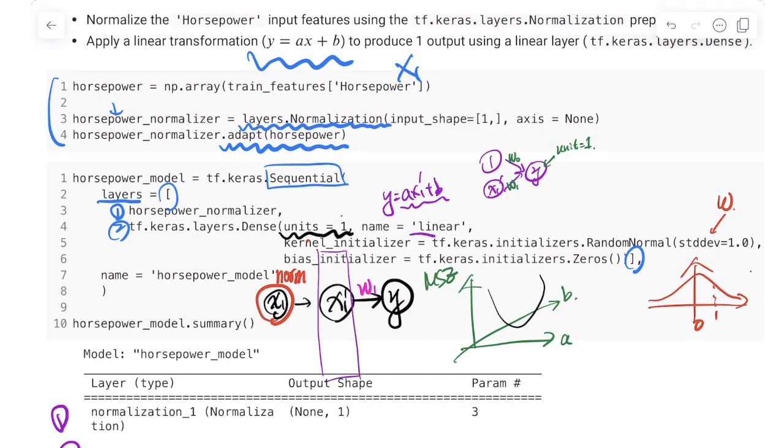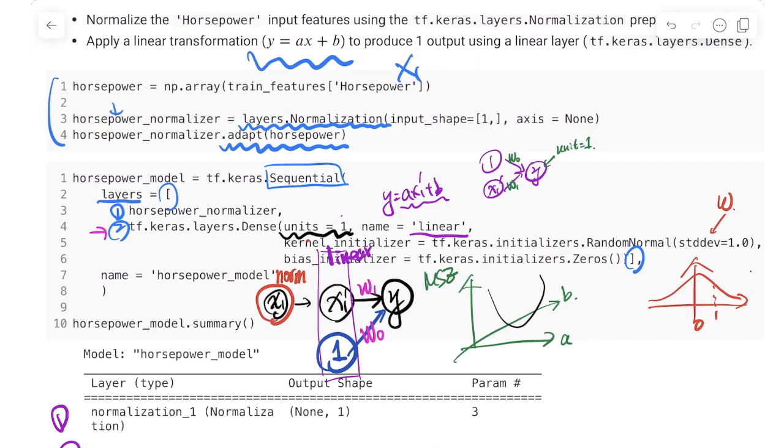The name I write here is linear. As I mentioned before, if you use a dense layer, there's always an additional intercept. So there is an additional intercept neuron right here, and its corresponding weight should be w0. Although we did not mention it here, by default there is an intercept.